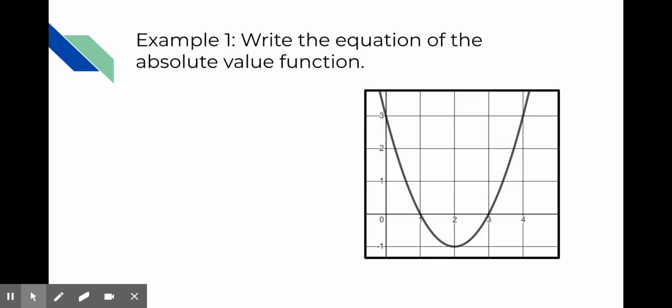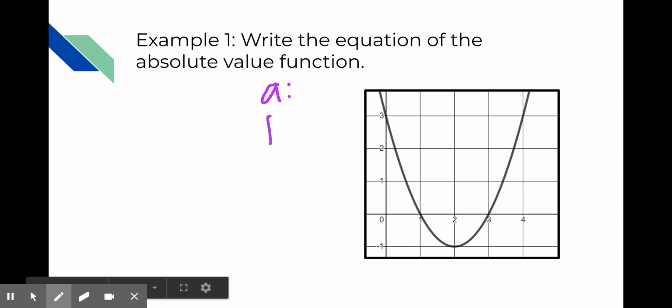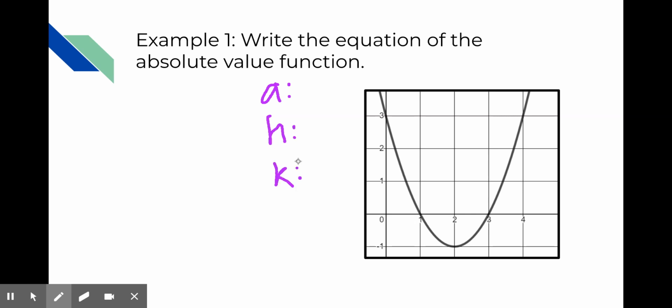So let's write this equation. We first need to figure out our a, h, and k. Your a is your scale factor. So from your vertex down here, you are going to go up 1, over 1. So that means your a is 1.